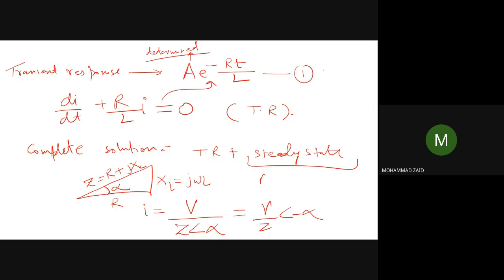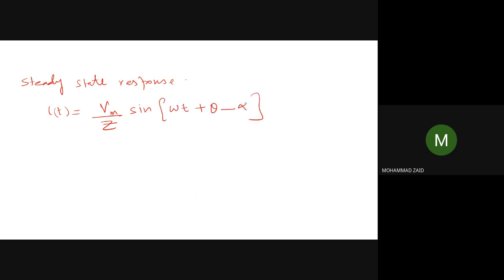So for the steady state response, I can write it like this: i(t) is equal to Vm by Z sine of omega t plus theta minus alpha, taking the peak magnitude Vm. The current will be lagging the voltage Vm sine of omega t plus theta.